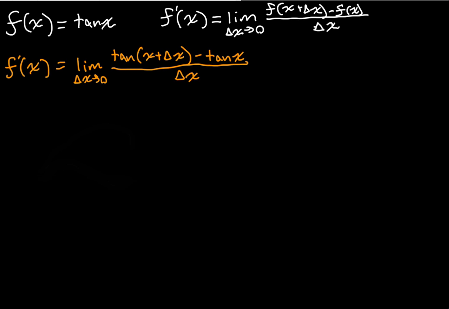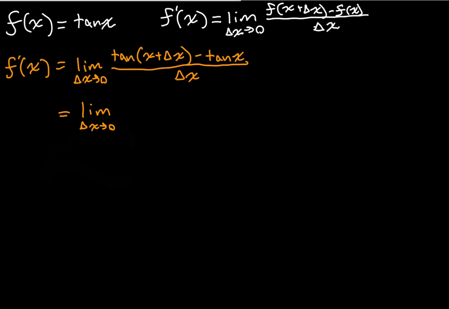What I'm first going to do is separate out tangent of x plus delta x, which from trigonometric identities should become the limit as delta x goes to 0 of, well, what is that going to be? It's 2 tangents. No, right.